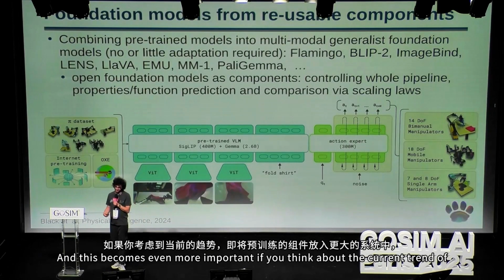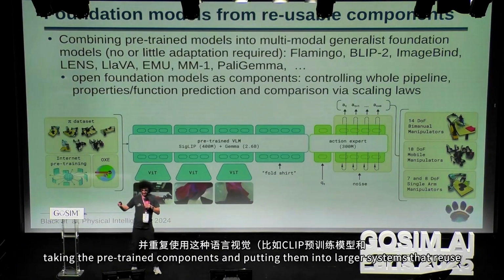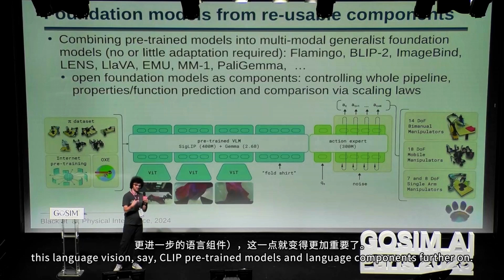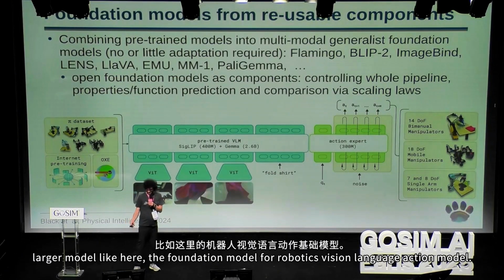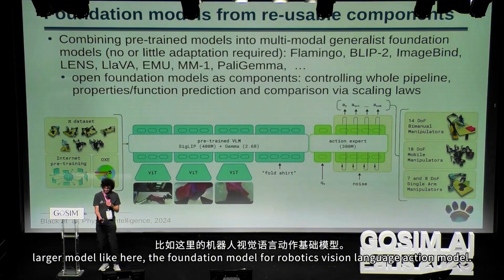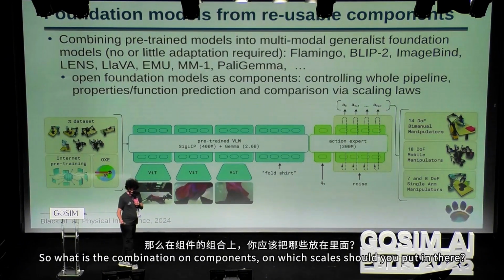And this becomes even more important if you think about the current trend of taking pre-trained components and putting them into larger systems that reuse these language and vision, say CLIP, pre-trained models and language components further on. Then you would also like to understand, for the larger model, like here the foundation model for robotics, a vision-language-action model, what is the combination of components, and on which scales should you put them in there?